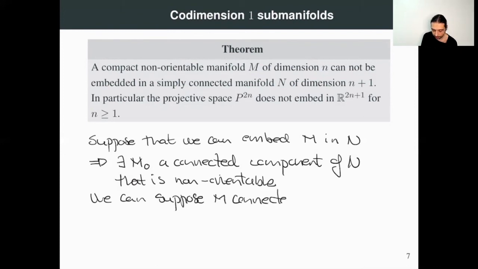But now we have that a compact connected submanifold of codimension 1 of a simply connected manifold separates the ambient manifold, okay, because of the previous theorem.